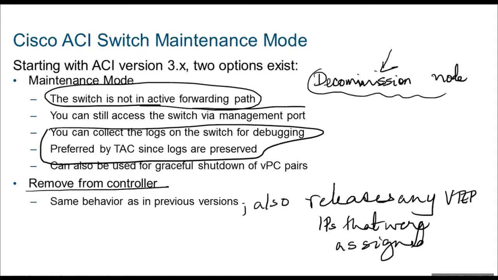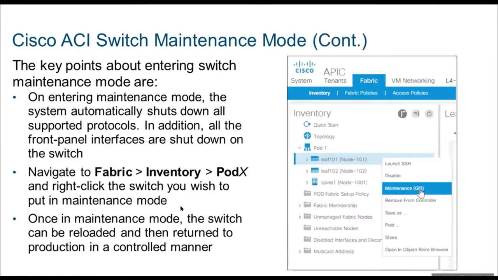Okay. Basically, deactivate all the protocols and the front panel ports on the switch. Okay, so how do you put it into the maintenance mode? It's graceful insertion and removal. That's how you put the switch into maintenance mode.